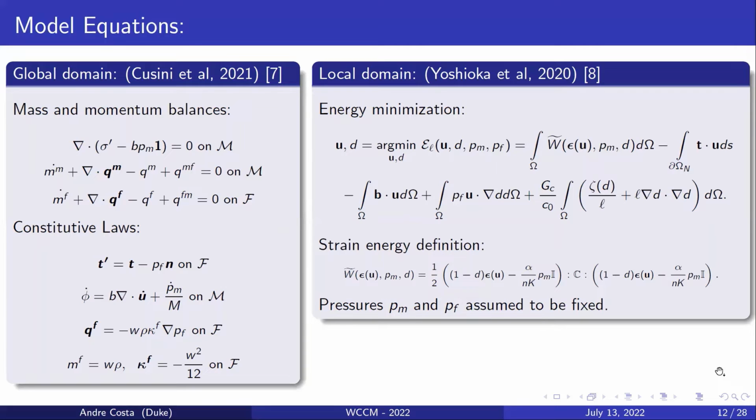These can be solved with standard finite elements. The pressure fields are assumed to be fixed as they are transferred from the global problem. This allows us to remove the need of extracting apertures from the phase field cracks that arise when one tries to couple the phase field and the flow solvers.